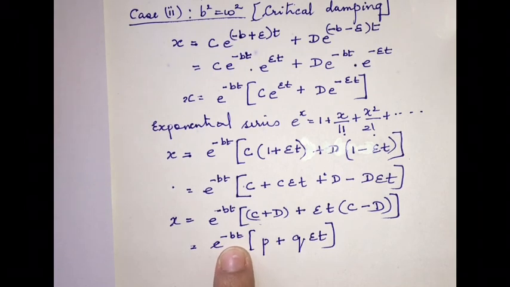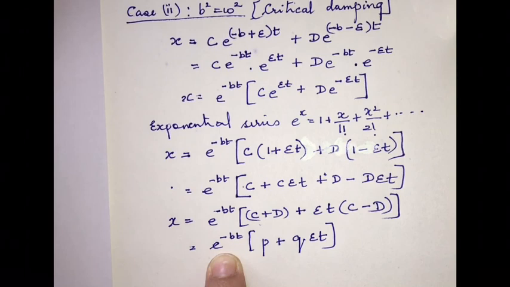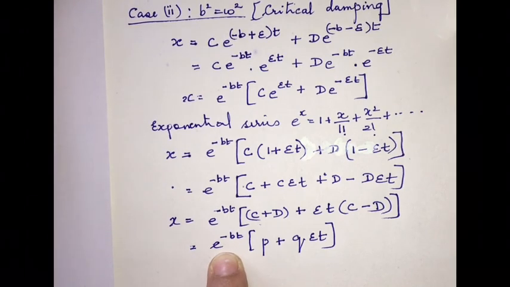So as t increases, the effect of this term is more than this term on variation of x. So this dominates this term. When t value is very small, the contribution of this term is comparable to this term. But as t increases, this dominates this term.